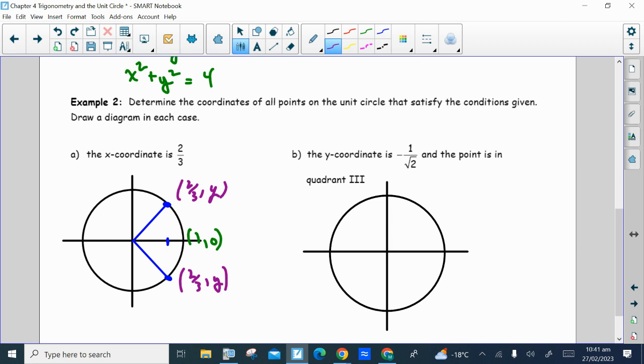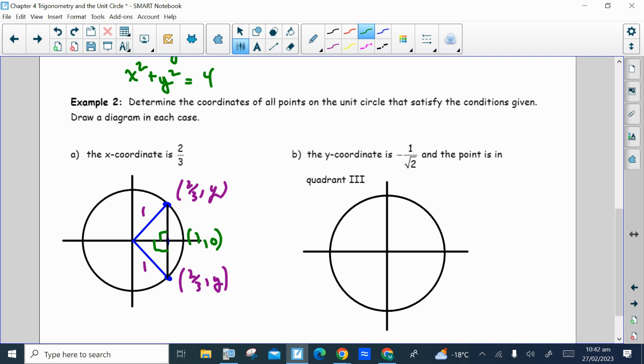And remember, this is a unit circle, so therefore, the radius is 1. And if we draw lines from P, the point where the terminal arm hits the unit circle, perpendicular to the x-axis, we've got two right triangles formed there, one of them in quadrant 1, the other one in quadrant 4.